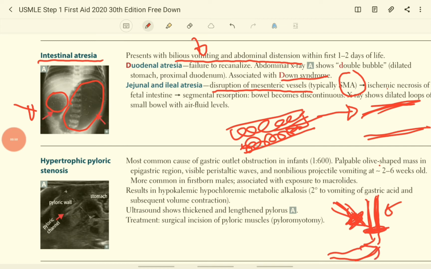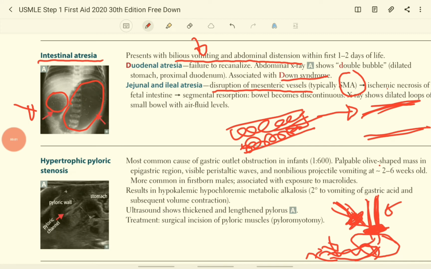Atresia means that there is no proper passage. The passage will be closed, and there will be an apple peel appearance on the remaining portion. A large portion of the ileum will be lost, and the remaining portion present over here will be like an apple peel.